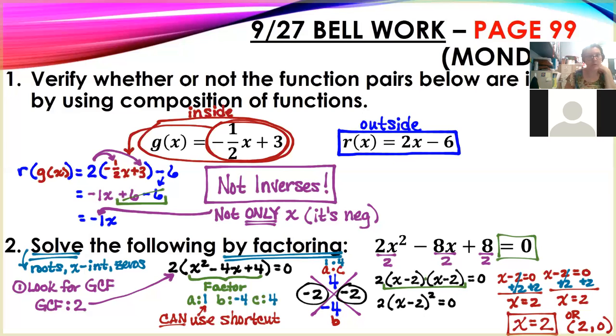The reason that we only have a single solution here, what this tells me is that if I were to graph this, my parabola is going to come and touch the x-axis right there at positive 2, but it's not going to go all the way through it. This root is the vertex.